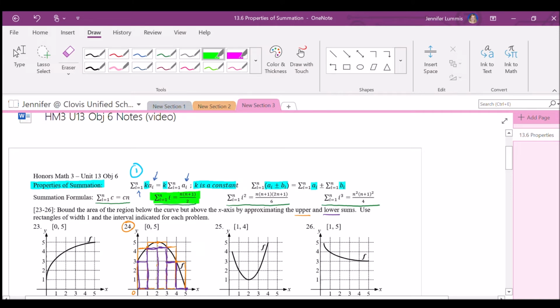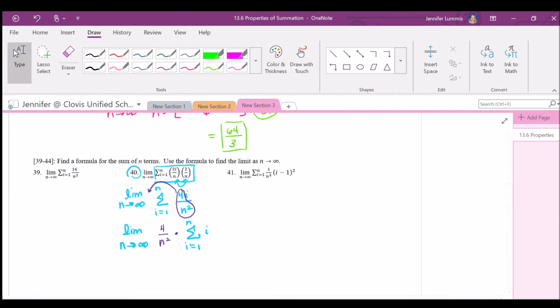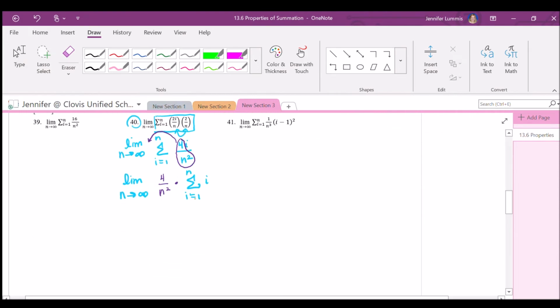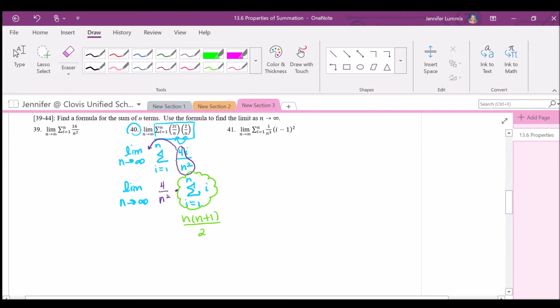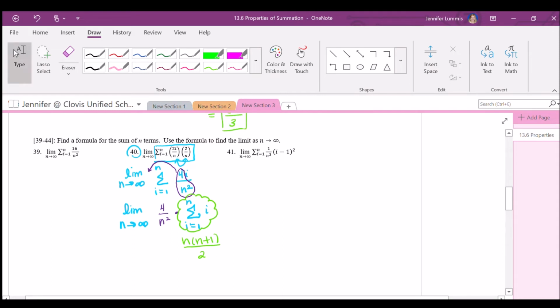So we're going to replace the sum from 1 to n of i with n times n plus 1 over 2. That's really the first part of the problem here: find the formula for the sum of n terms. Well, just about. It also includes the 4 over n squared as well. So all of that out front there, and then we'll just bring down our limit.